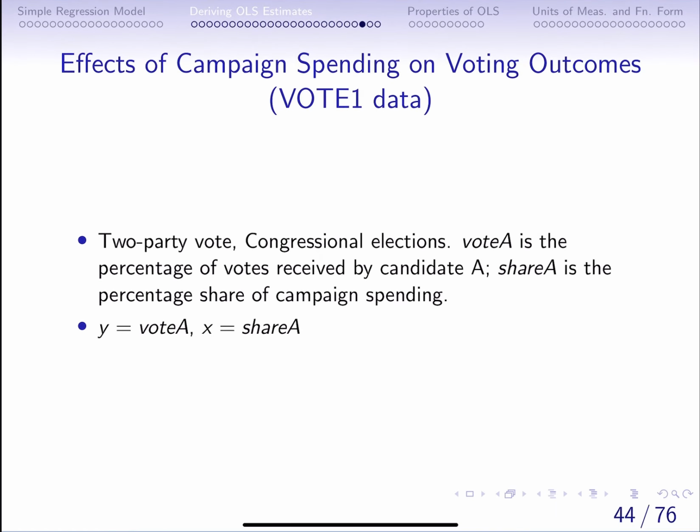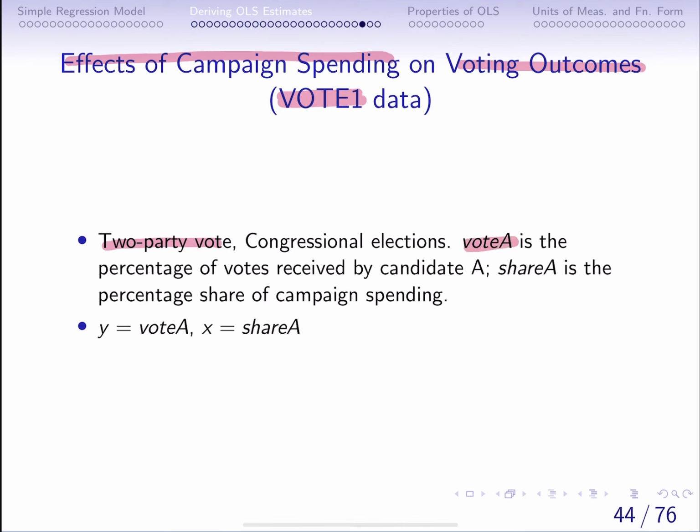Okay, let's take another example here, which is looking at this data. You can also play around with this data, vote1 data from the Wooldridge package. This is looking at what are the effects of campaign spending on voting outcomes. The data is basically for a two-party vote, congressional elections.